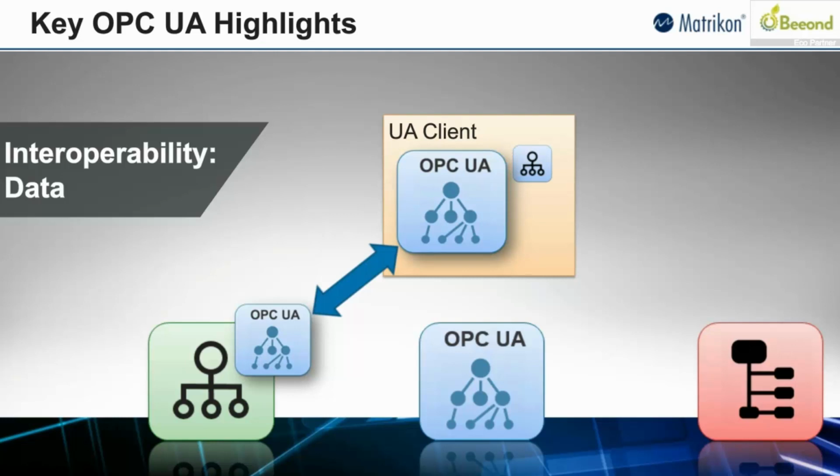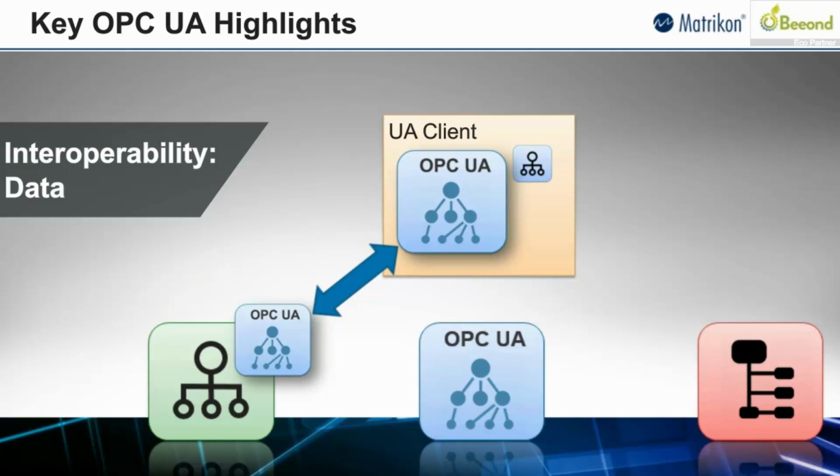Now, the reason that's important is while you're maintaining the relationship and the behavior in the device in the context that it operates in, you're also making it possible for third-party systems, like the UA client we're showing, to traverse and understand, or at least identify, what the relationships are between those different information model components, using OPC UA.